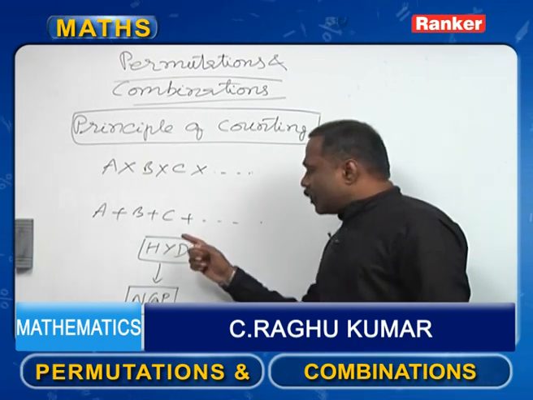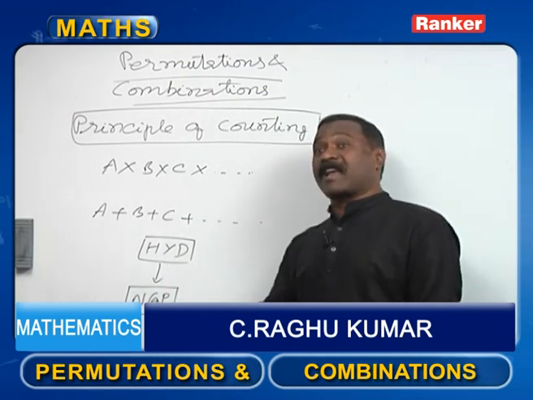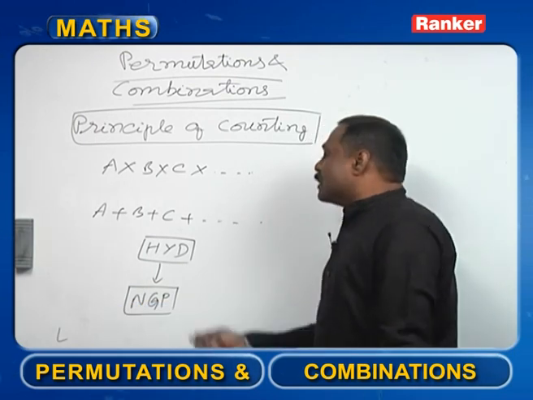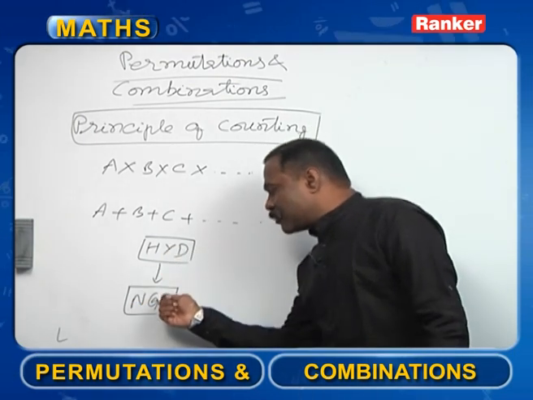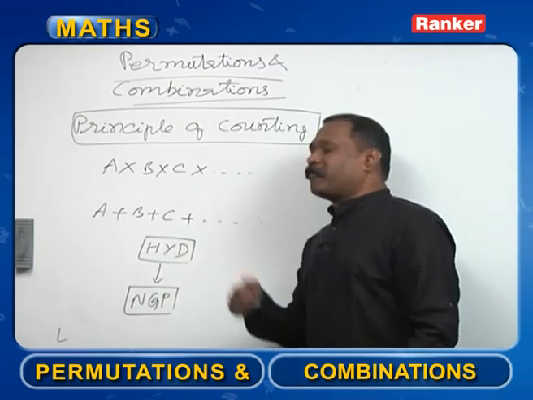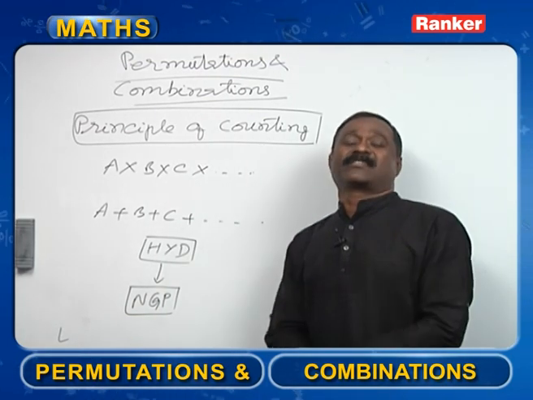So in the first place, how many stations can be printed? That is, from Hyderabad to Nagpur, the ticket is given. Then in the first place, you can print any one of these 18 stations given.